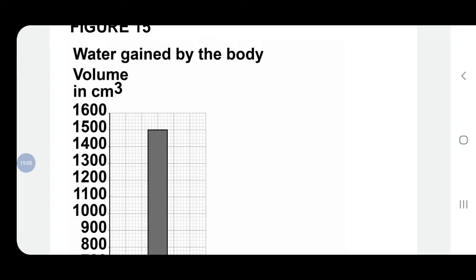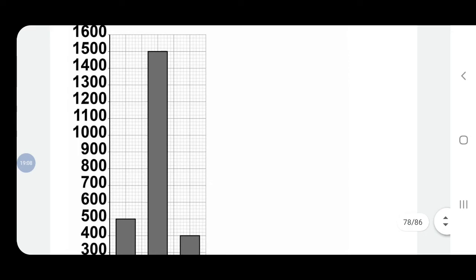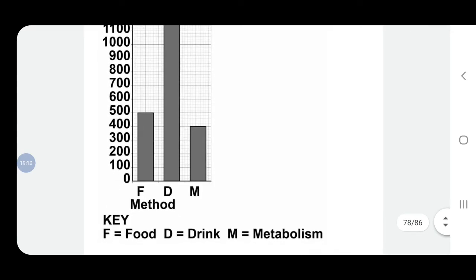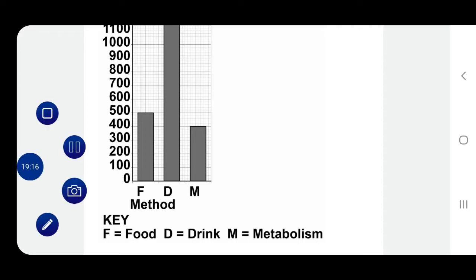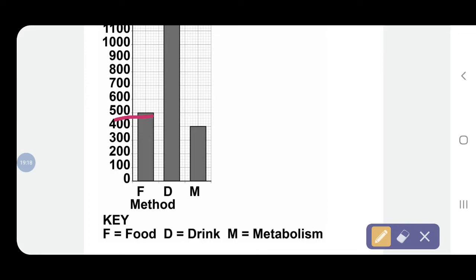So this is a figure, water gained by the body, and here is a volume. So here you can see this is food. Whenever you eat food, I'm just showing you here the label 500, and whenever you drink, it's a huge amount. This is this one, and metabolism here.